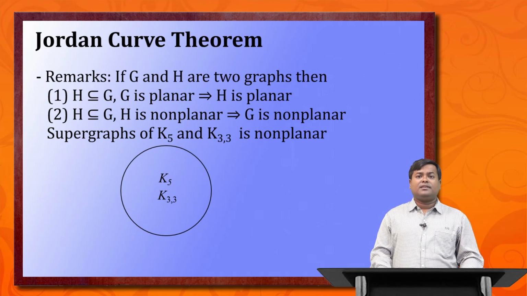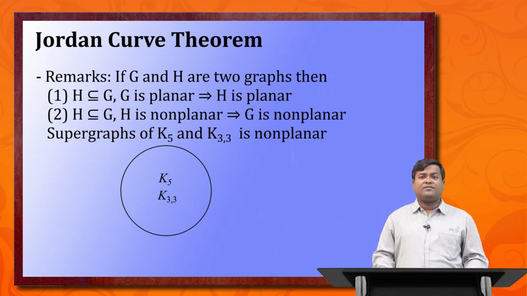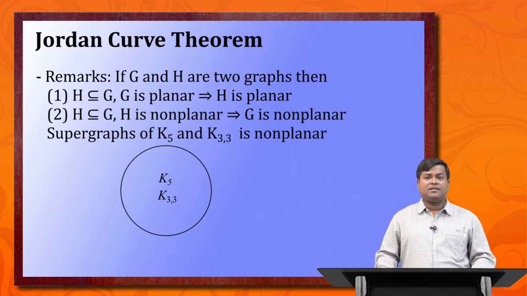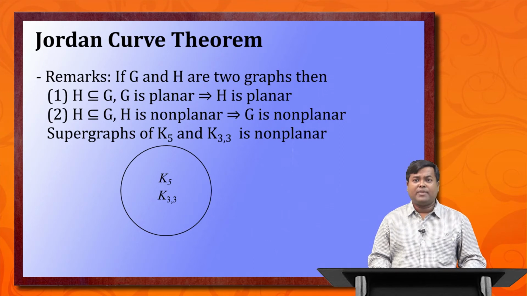Similarly, if H is a subgraph of G, or rather G is a supergraph of H, and if H is non-planar, then G is also non-planar. Why? The reason is very simple. Since G is a supergraph of H, and we are assuming that H is non-planar, we are making G by adding a few more vertices or edges.